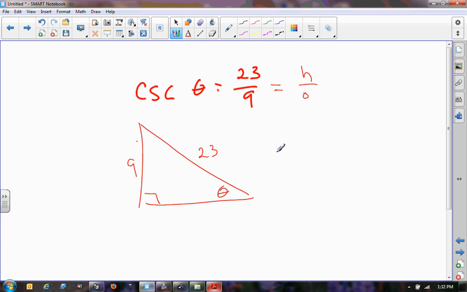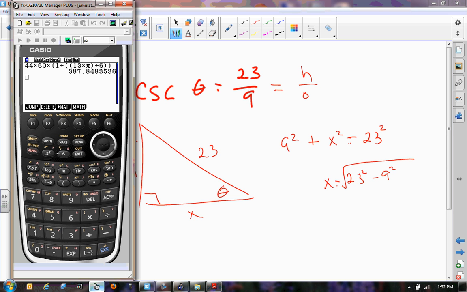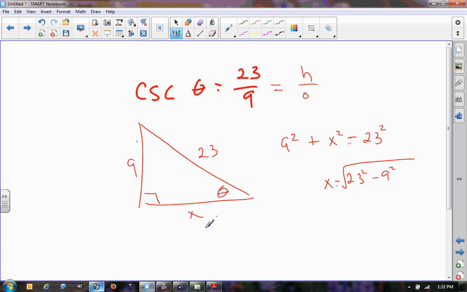Hey, Pythagorean theorem. 9 squared plus x squared equals 23 squared. Solve that for x. X is the square root of 23 squared minus 9 squared, which is 8 root 7.